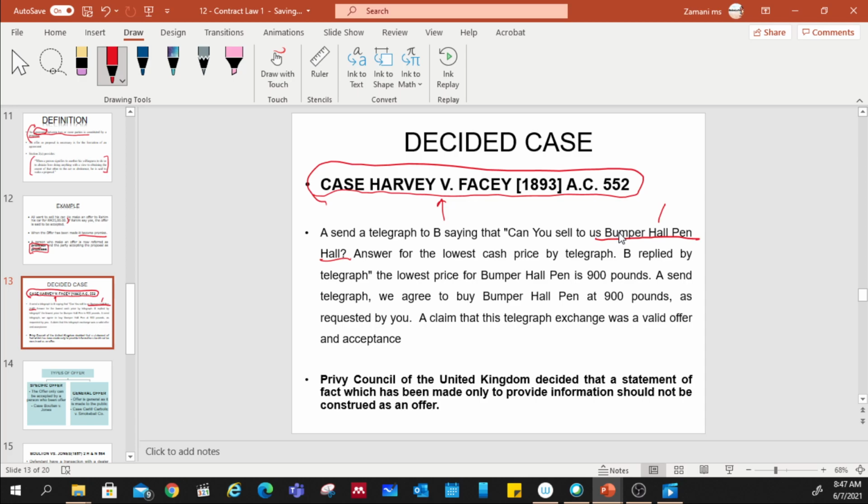B replied: the lowest price for Bumper Hall Pen is 900.